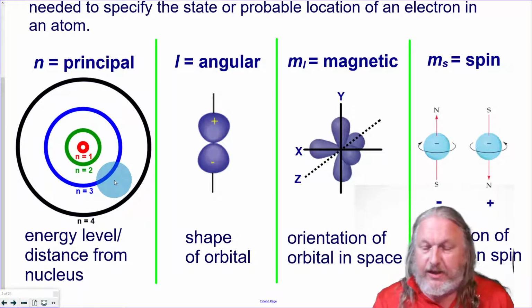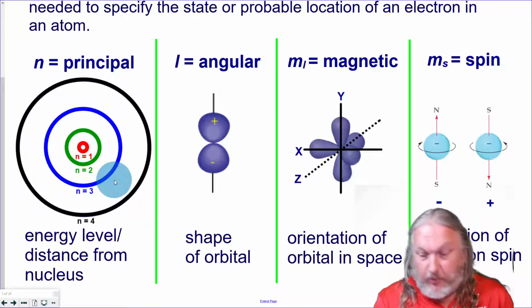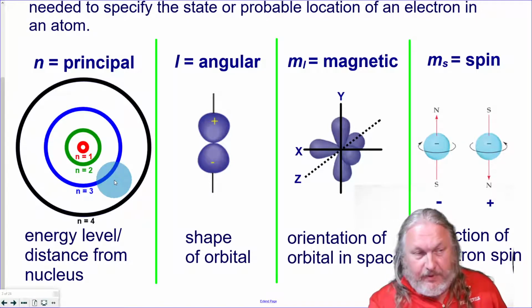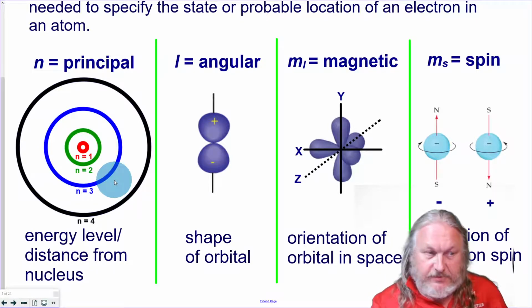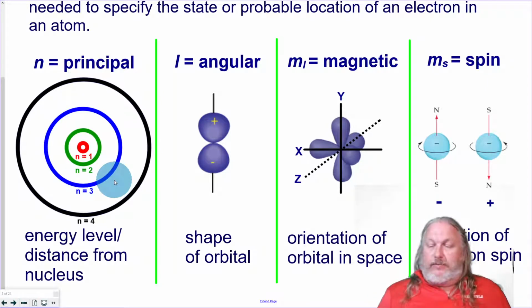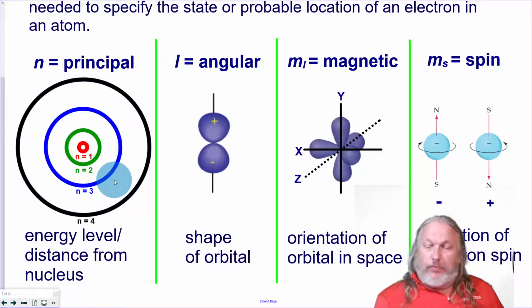The first number is the N number, the principal number. The N number is the main energy level or the distance from the nucleus. So you've got whole numbers, 1, 2, 3, 4, similar to the Bohr model. That's your electronic energy level. The L number, we call it the angular number, and that describes the shape of the orbital.